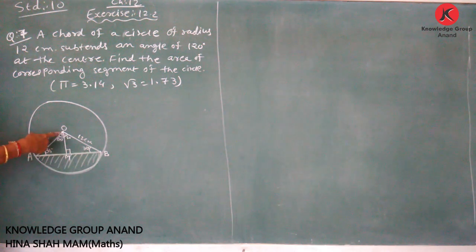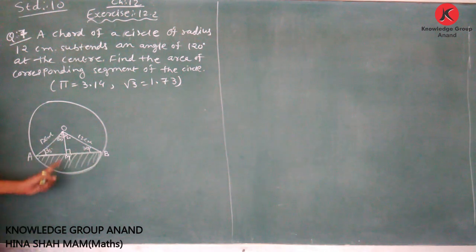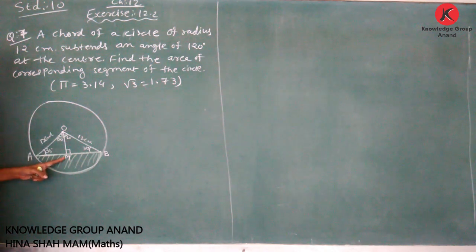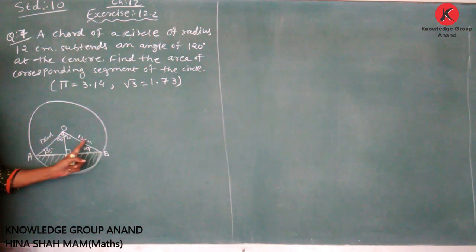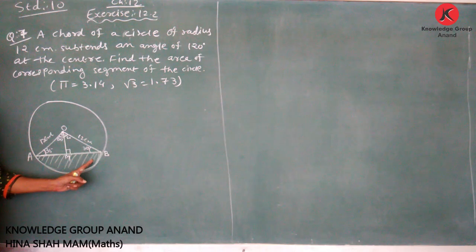From the center, draw perpendicular on the chord. It bisects the chord, which is a theorem in standard 9. Now we find OM. How we find? Three angles are given and one side is given. Then we find two sides here.